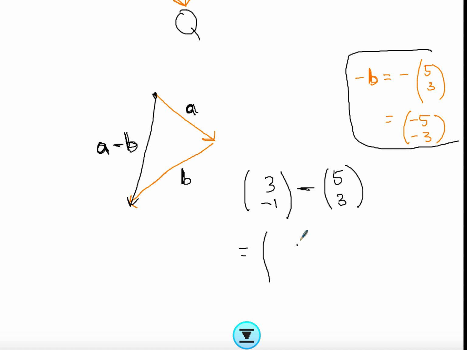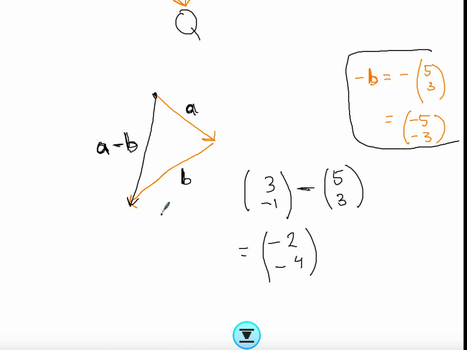But if you want to know the final result of what you're going to do, just use the original and just put the negative or whatever scalar. It might be negative 2b as well, so you have to use the same concept. And then 3 minus 5 would just be negative 2, and negative 1 minus 3 will be negative 4. So I'm moving to the left by 2 and down by 4, which makes sense with this diagram.